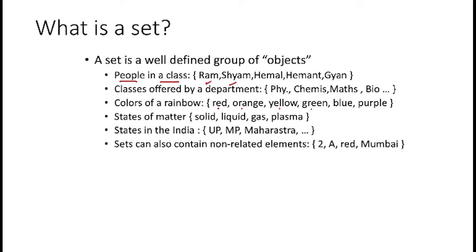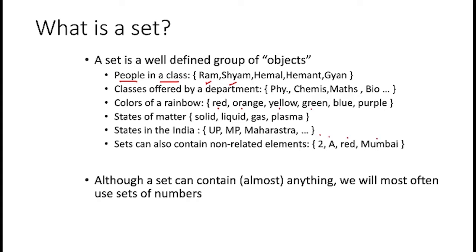But it may be possible that you get a set with unrelated things, but we can define it, and how we define it is required for the set. Mostly we have to use this with number sets.